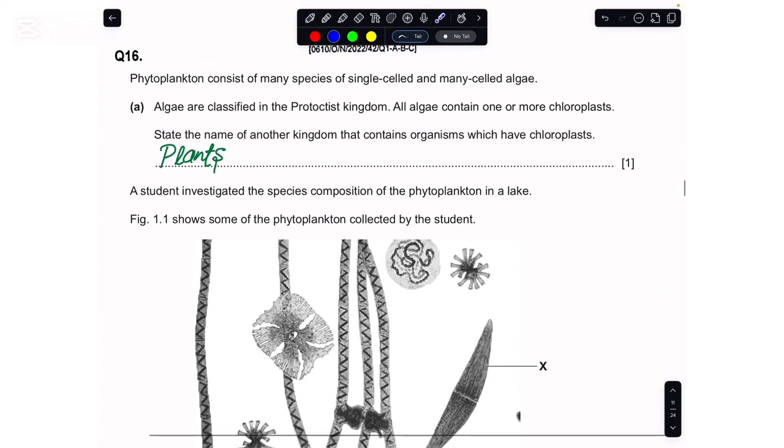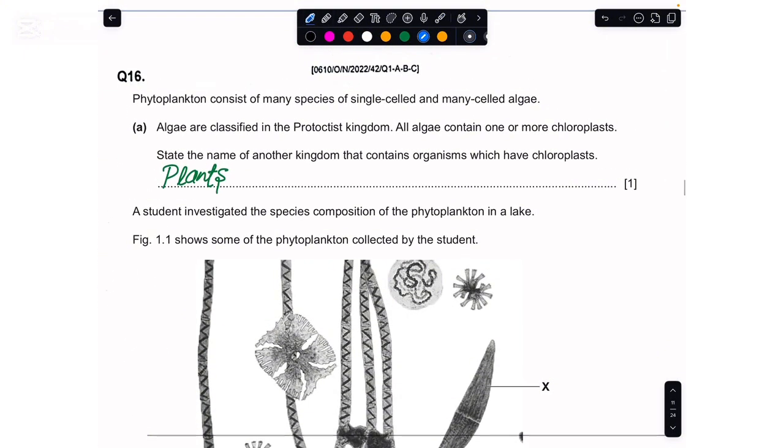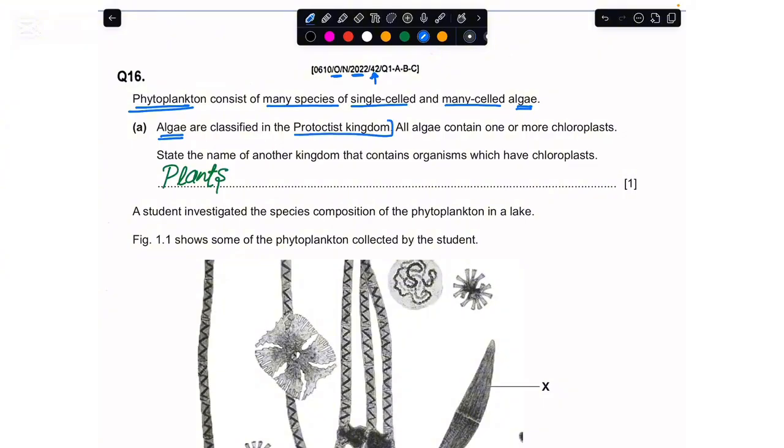For question number 16, which appeared in October/November 2022, variant 4.2, they say that the phytoplankton consist of many species, some single-celled and some many-celled or multicellular algae. They say the algae are in the Protoctist kingdom, and that all the algae contain one or more chloroplasts.